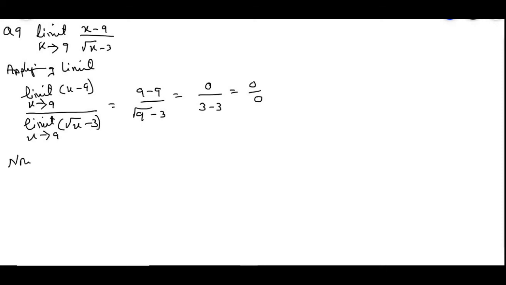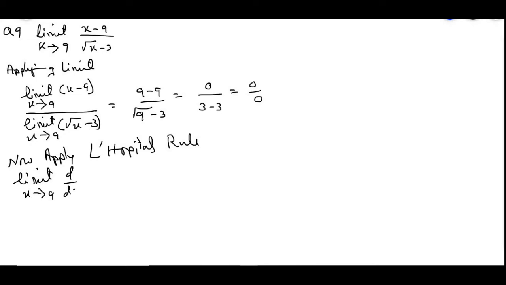Now apply L'Hopital's rule. Limit x approaches to 9 d by dx x minus 9 whole divided by limit x approaches to 9 d by dx under root x minus 3.